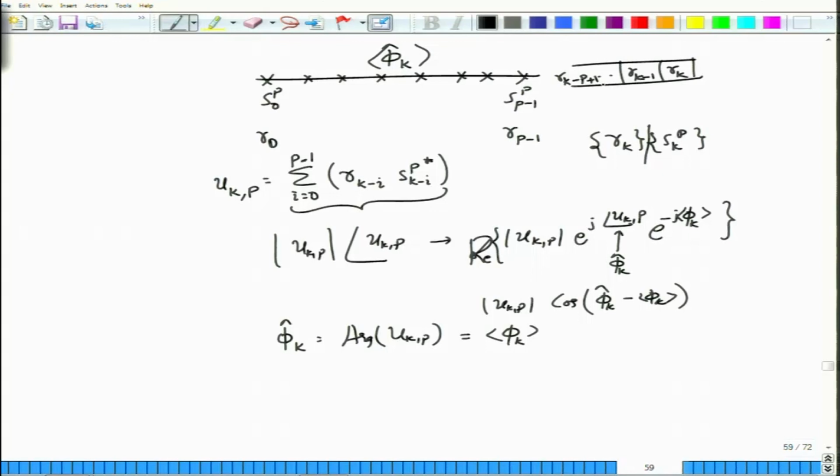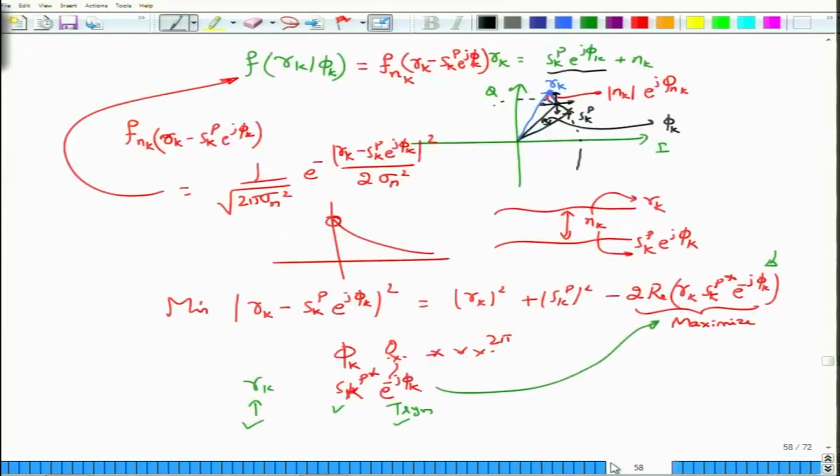That is the length over which you are looking at the received samples, and then if you know these pilot values s_{k-p+1}, the same values, the pilot sequence, then you can take the inner product or generate the vector out there, and the argument of that inner product will be the average phase that you are looking for. So, this is a more implementable version than the previous one.